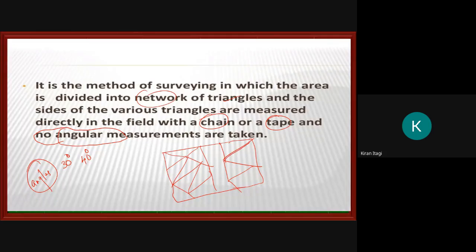And we will measure the lengths. After adding all those, we will get the total area, total length, total width. About dividing into triangles, first order, second order, third order, we will study in advanced surveying.